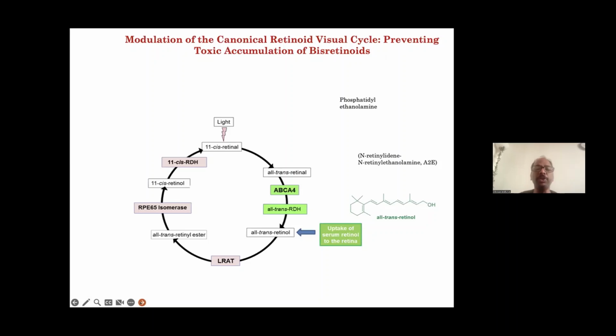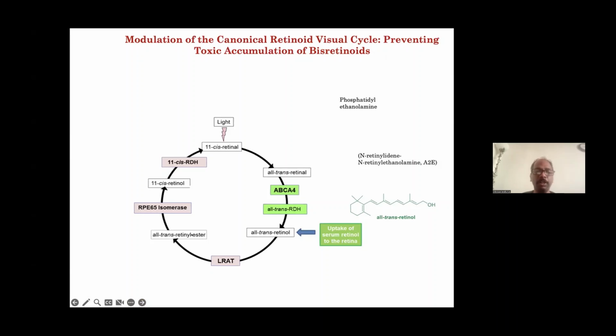Before going into the topic, let's see how all-trans retinol plays a role in the visual cycle. This all-trans retinol is our dietary retinol. It gets converted into the all-trans retinyl ester using the enzyme called LRAT.